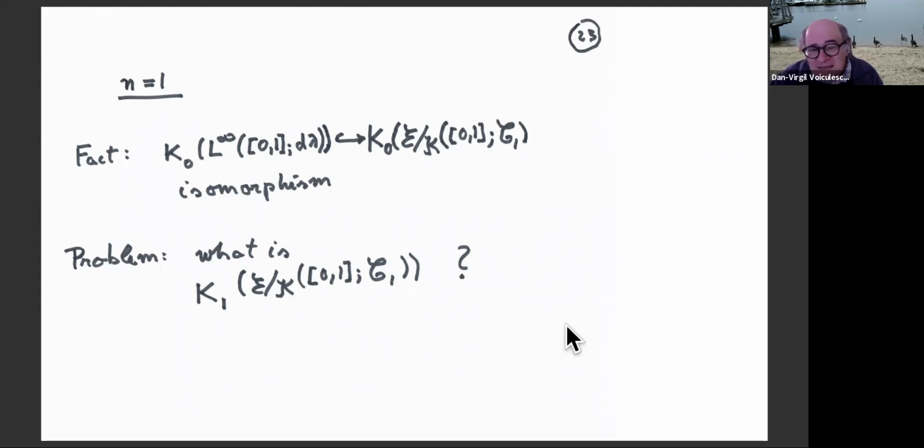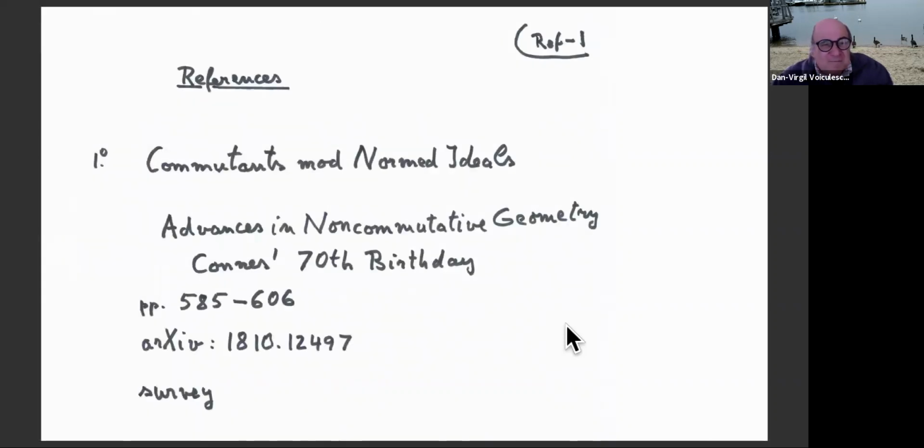All these K1 questions seem to have to do with this refined trace class scattering theory, and probably somebody who is an expert on that may find the answer. I really don't know what K1 in this one-dimensional case is.